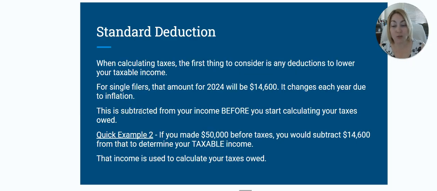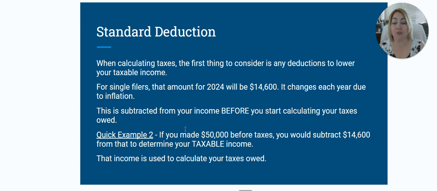You are going to subtract the standard deduction from your income before you start calculating your taxes. So the standard deduction is a natural tax break for everybody. Nobody really pays taxes on all of their income. Everybody gets this standard deduction to lower their taxable income and then pay taxes on what's left over.